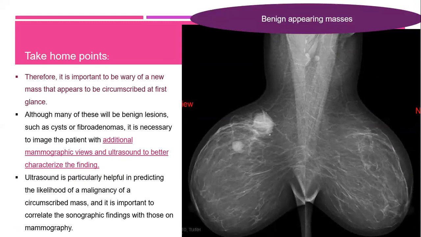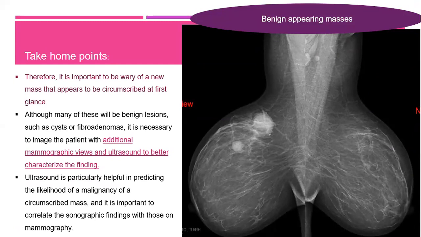So it is important to be wary of a new mass that appears to be circumscribed at first glance. It is new. If you remember the history, she is 44, and this is only 2 months. You have to consider the history.